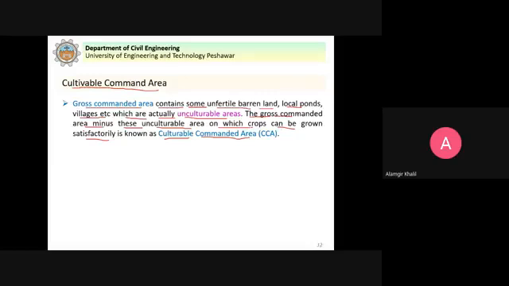So culturable command area is the gross command area minus unculturable area.